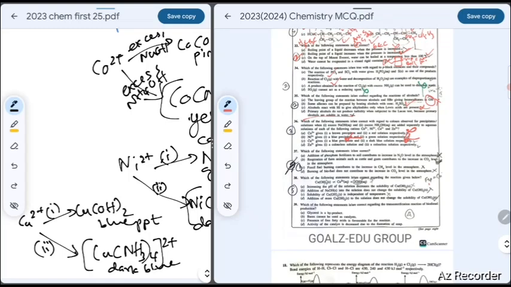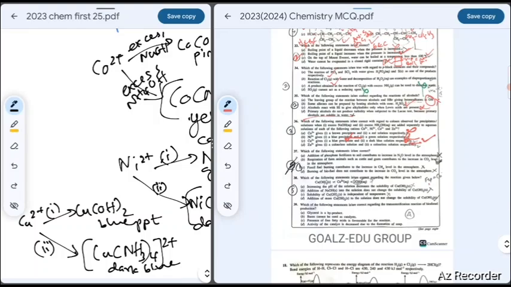So Cu2 plus gives a blue precipitate and a dark blue solution respectively, that is correct. So C is correct. Zinc 2 plus gives a colorless solution and colorless solution respectively.